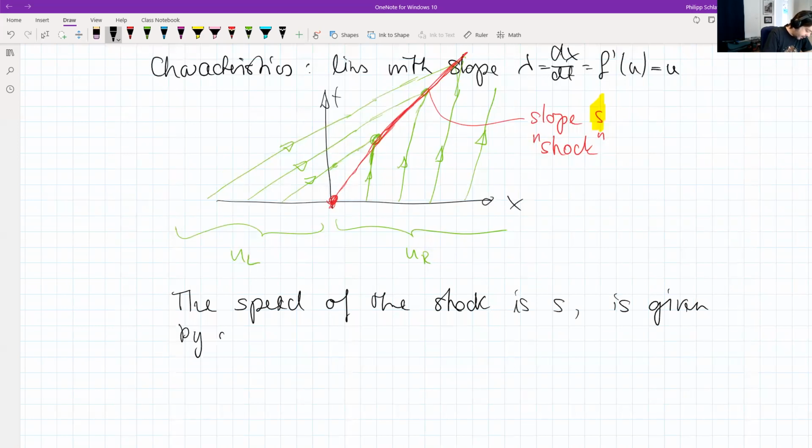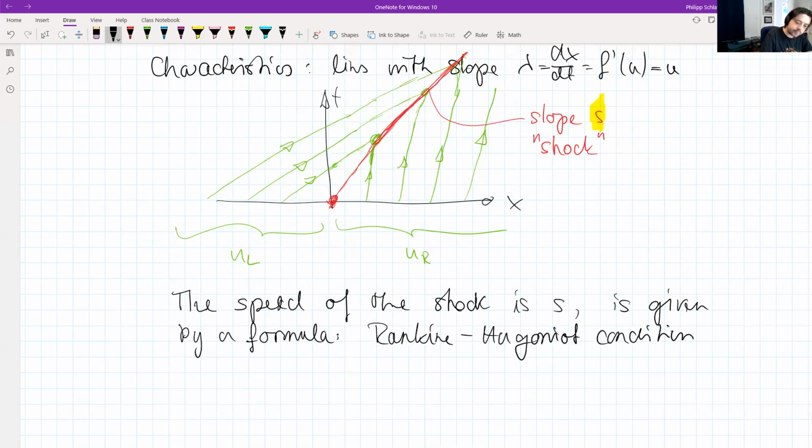Given by a formula, and this is the so-called Rankine-Hugoniot condition. And this condition is quite simple.